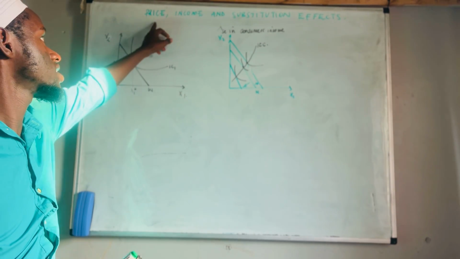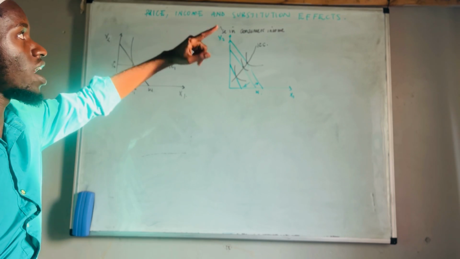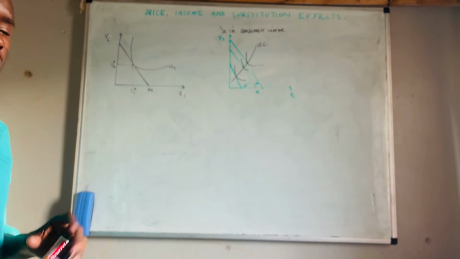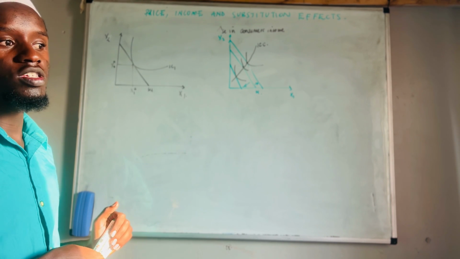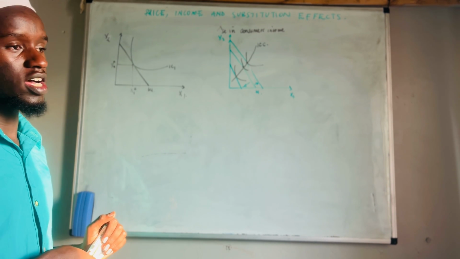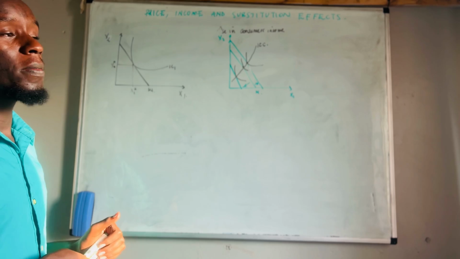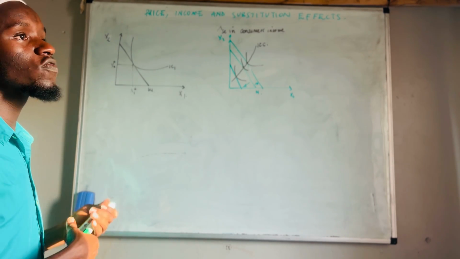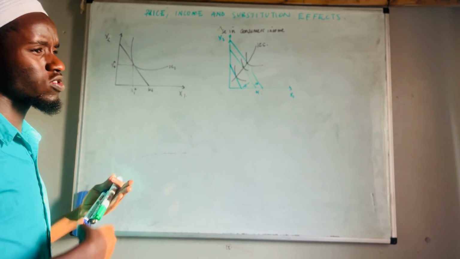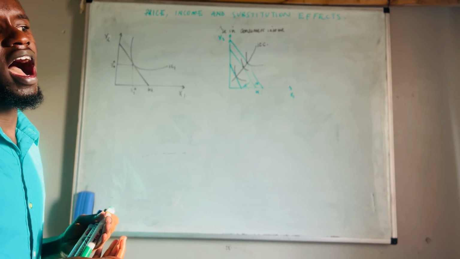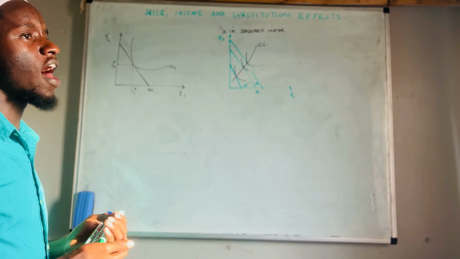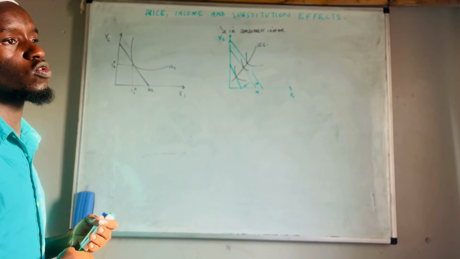Now, I'm just giving a scenario where the consumer's income has increased and the prices of commodities are kept constant. What will happen is that the consumer's budget line will shift either outwards or inwards: outwards because of an increase in the consumer's income, and inwards because of a reduction in consumer's income.